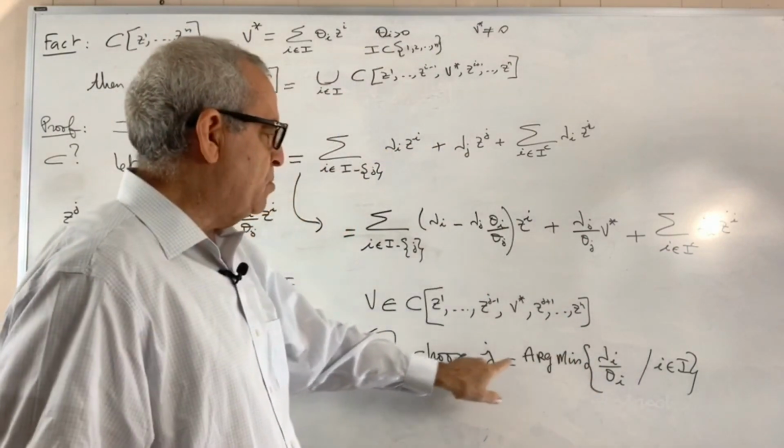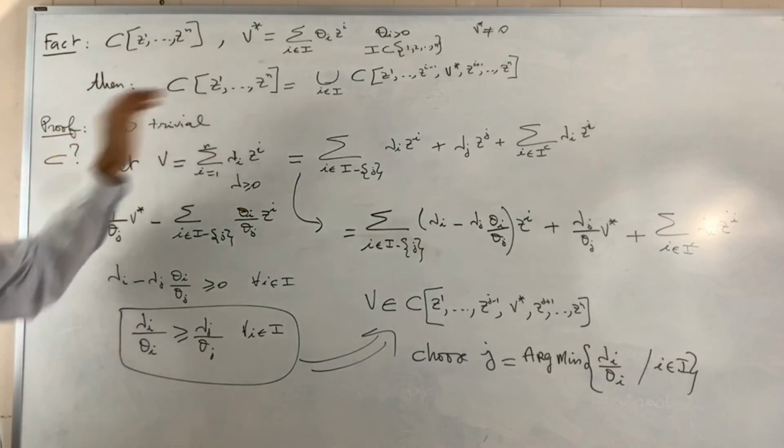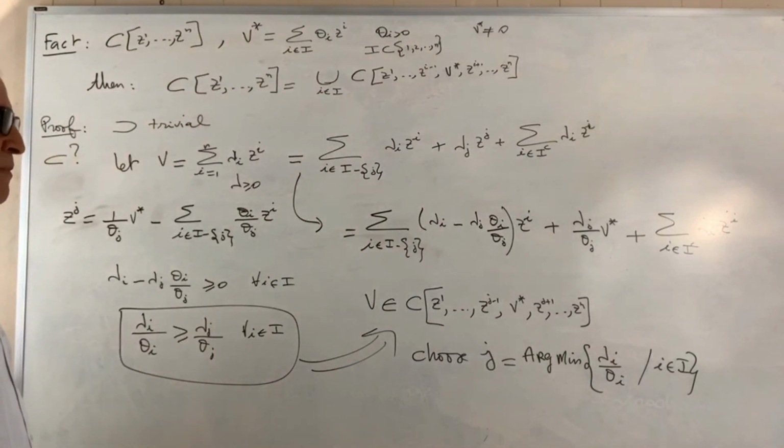So if we choose j to be the argmin of this, then I prove this fact here, that C is inside that union of cones.